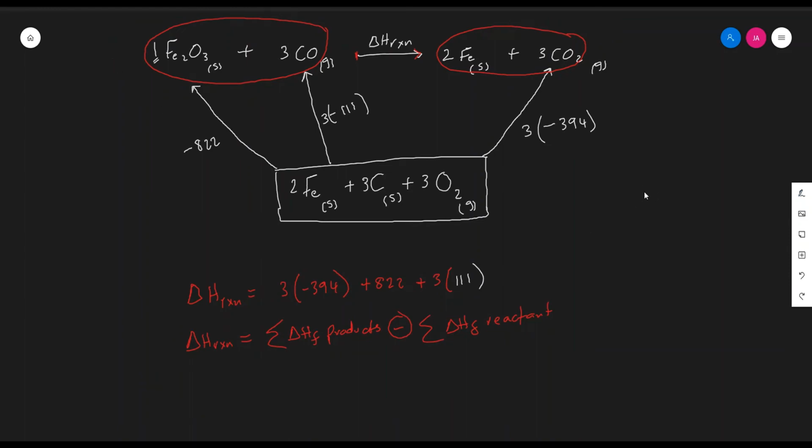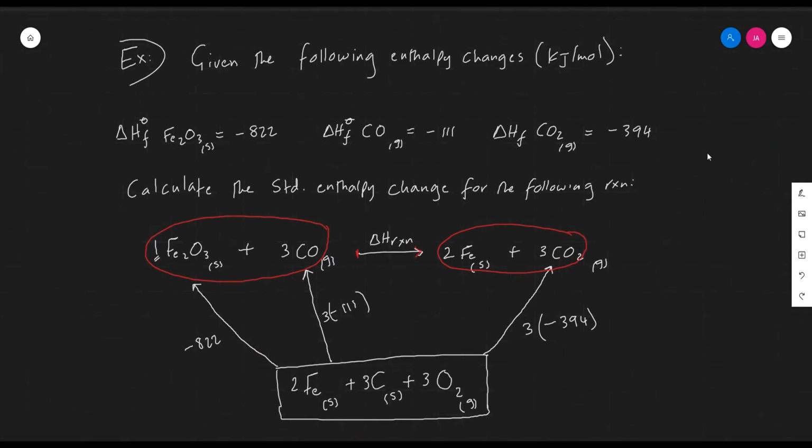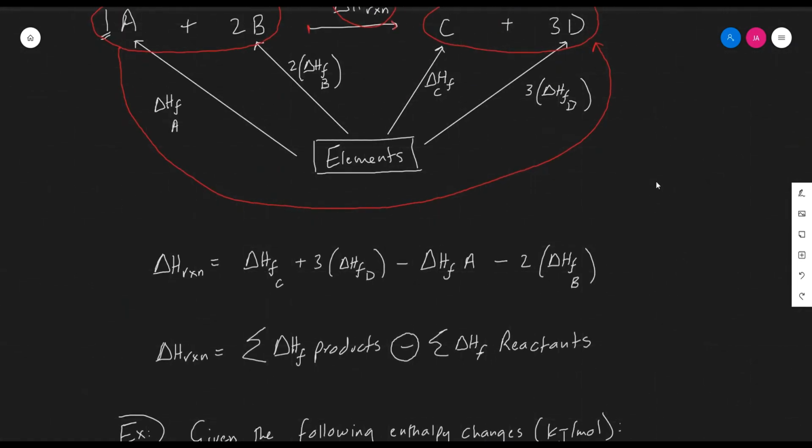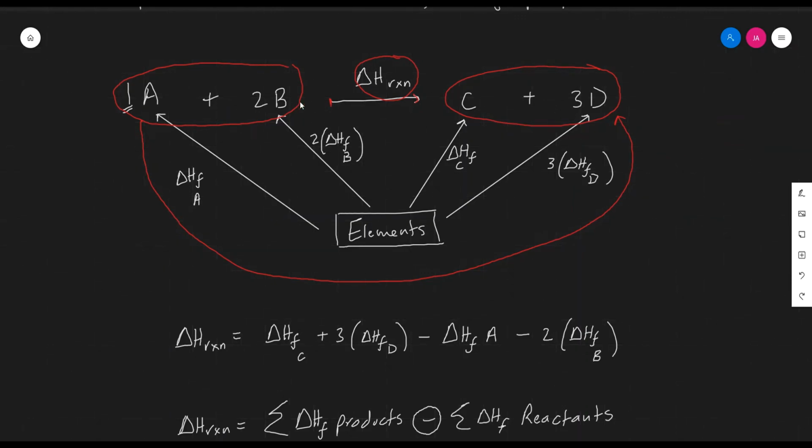Thus, a quick recap regarding the energy cycles we learned so far. When constructing an energy cycle for a reaction using enthalpy of formation values, the arrows will always be pointing upwards, from the elements towards the reactants and products, according to the definition, which states that the enthalpy change of formation is the enthalpy change when 1 mole of a substance is formed from its elements in their standard states under standard conditions.